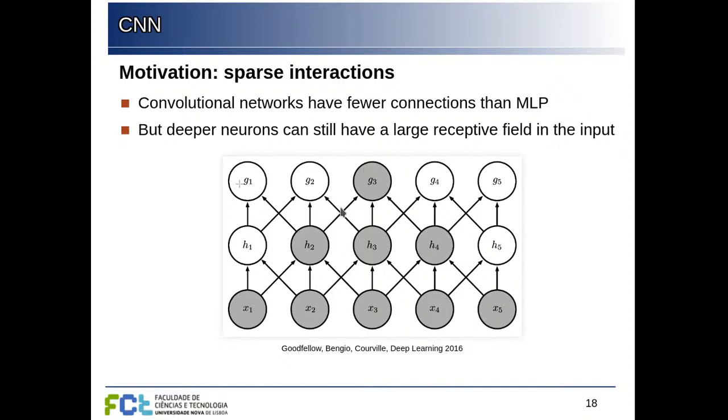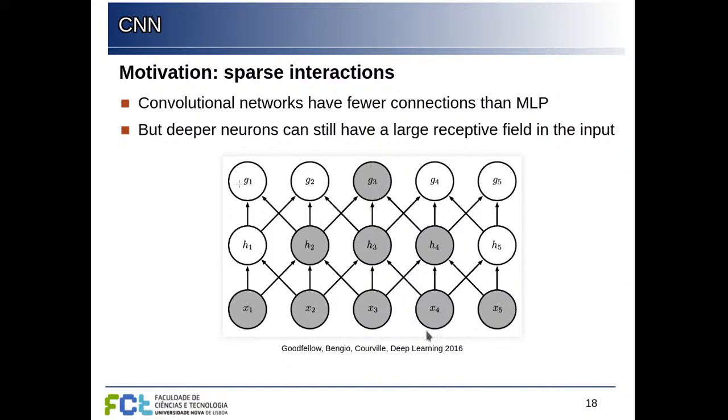So basically each kernel only has 3 parameters, 3 weights here, and we can have a receptive field of 5 in length for this particular neuron here by having an intermediate layer of convolutions.